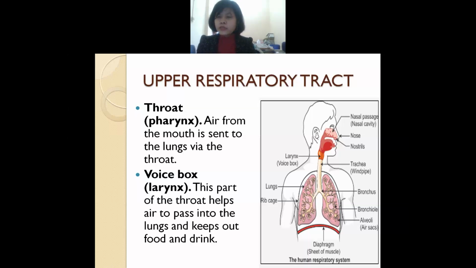So they won't disturb the voice box. The food and all will go to the esophagus itself, not into this voice box. It won't come here whenever you have something, right? So it will go here in the esophagus, not in this larynx or voice box. I mean, it won't get disturbed.